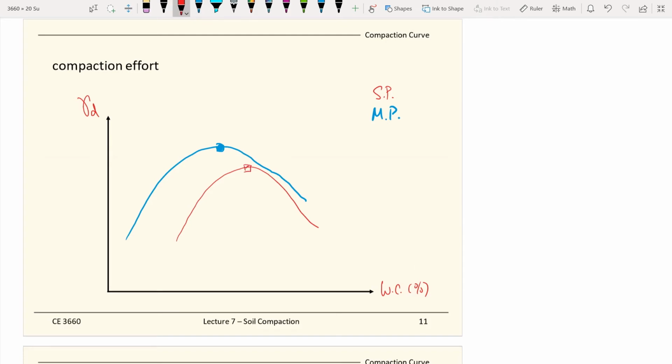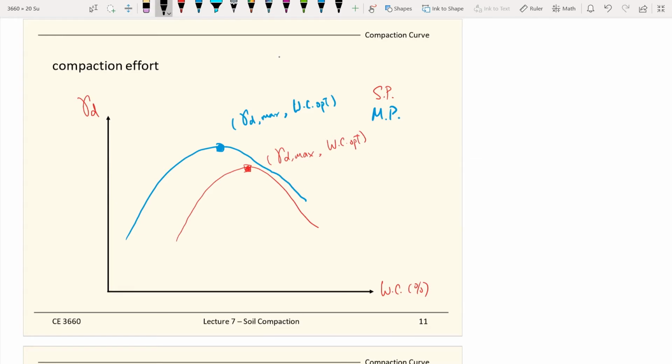So if you increase your compaction effort, the maximum dry unit weight and optimum water content will change when you use different hammers with different compaction efforts. So this is the optimum water content. Each curve has its own corresponding maximum dry unit weight and optimum water content.